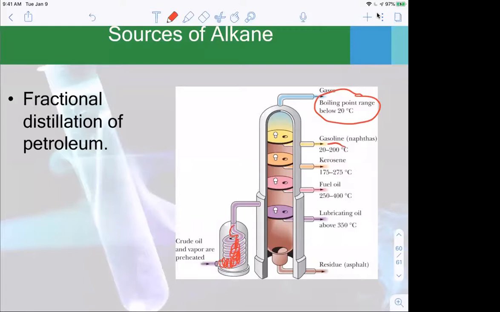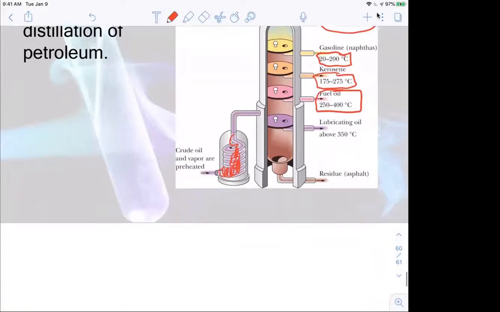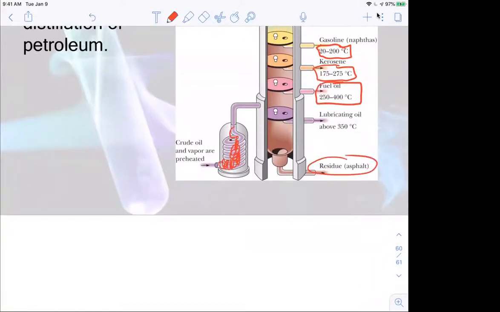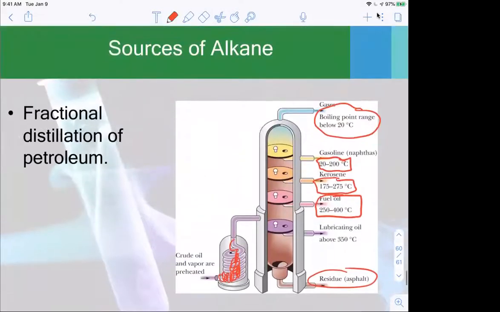And then notice that I'm going to take cuts of the petroleum that have multiple boiling substances. So all of these are not pure substances, they're going to be mixtures of different carbon numbers, but they all have their different uses. So I can cut them according to their boiling point, and they have uses based on that. And then the residue, the stuff that's left over, is going to be asphalt.